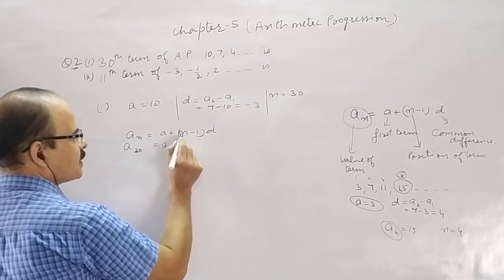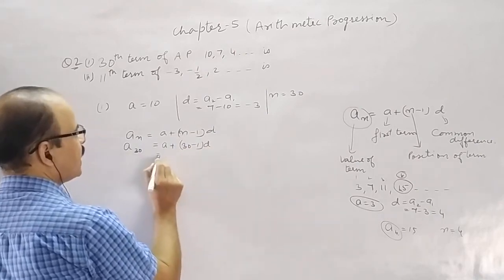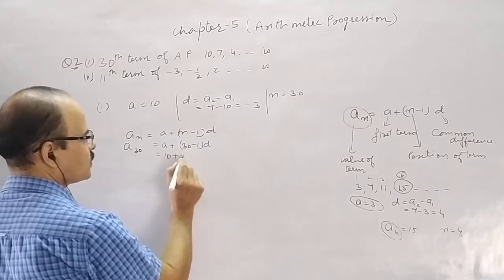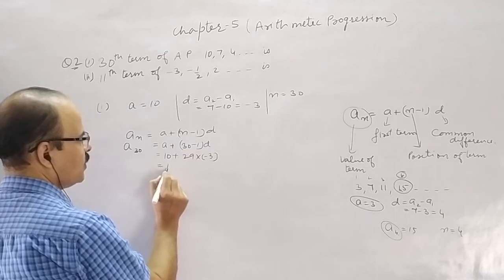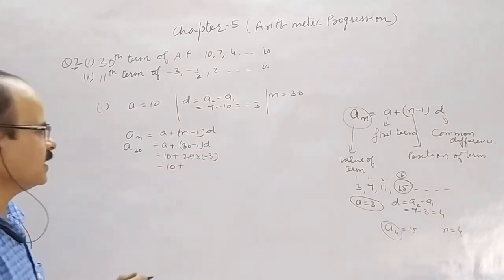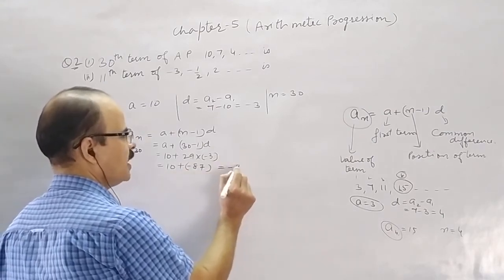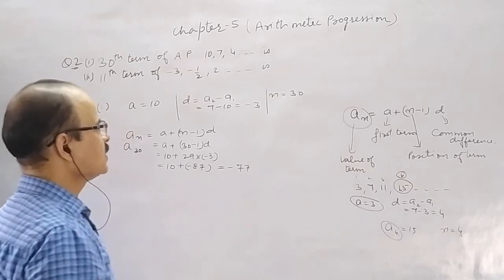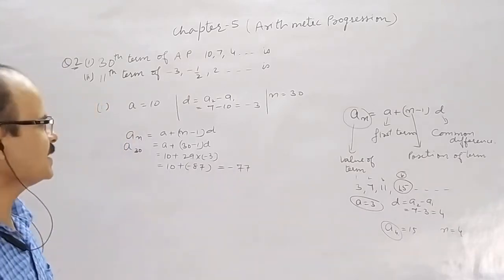So A plus (30 minus 1) into D. A is your 10 plus 29, and D is your minus 3. So it will be 10 plus 29 into minus 3, which gives minus 87, and the answer will be minus 77. So this will be the correct option. 4 options are given, you have to select the option in this case.